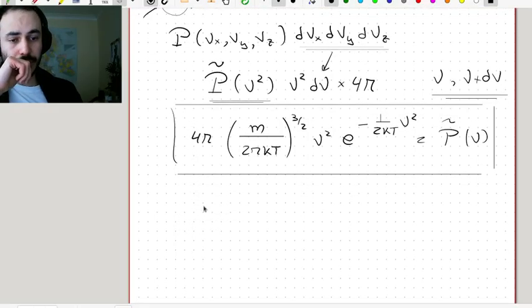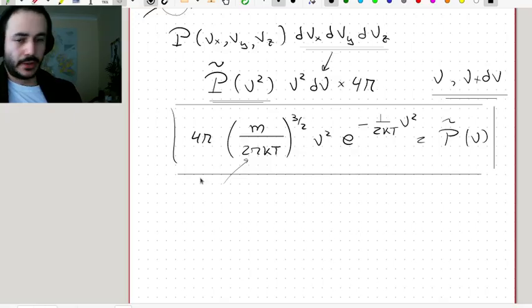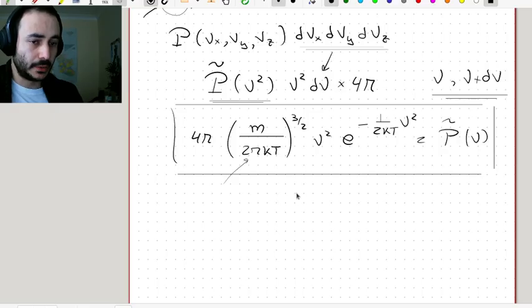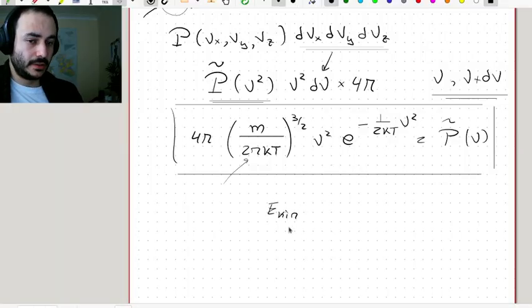Okay, now final comment about this is what we have. Okay, here is some constant, fine, and then here what we have is interesting because it's a comparison of two energy scales. Okay, so if you realize what you have here is the kinetic energy per molecule, divided by the Boltzmann constant times the temperature.